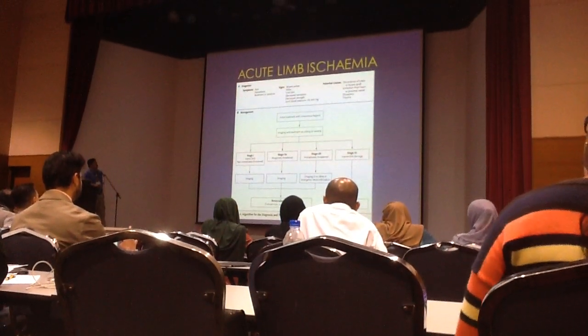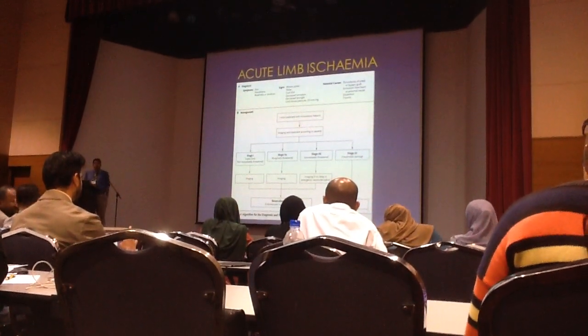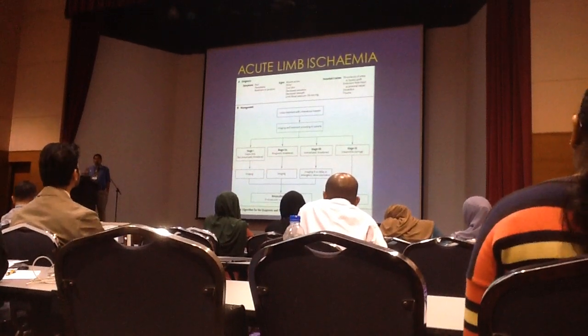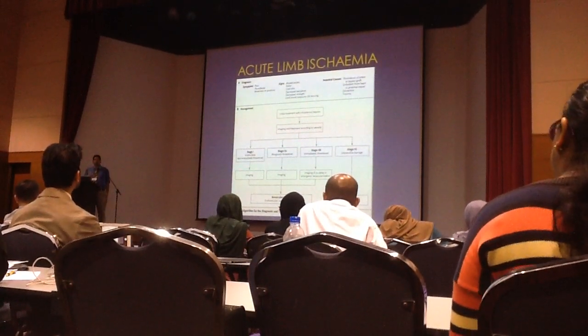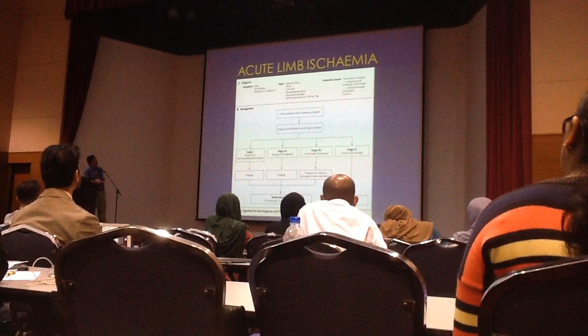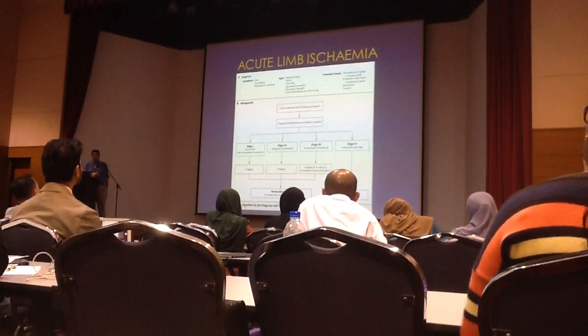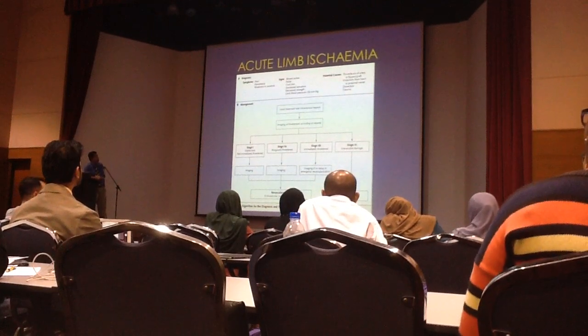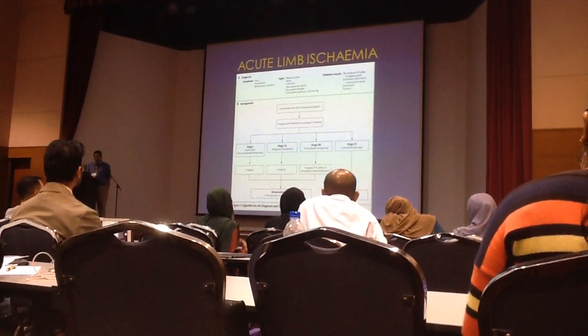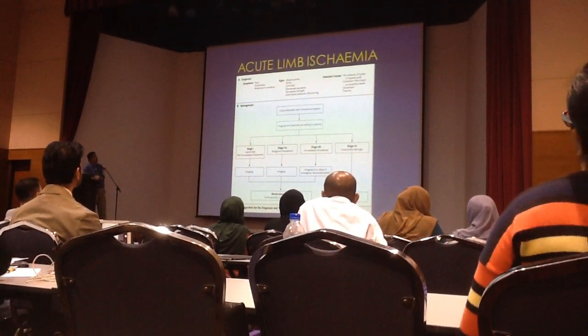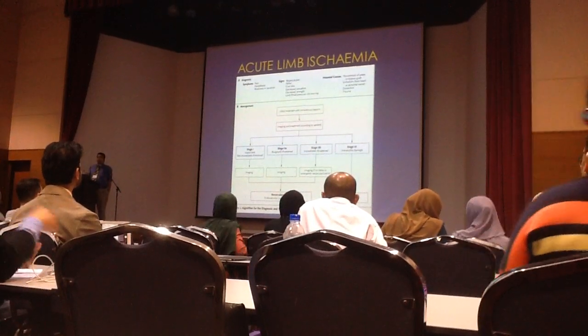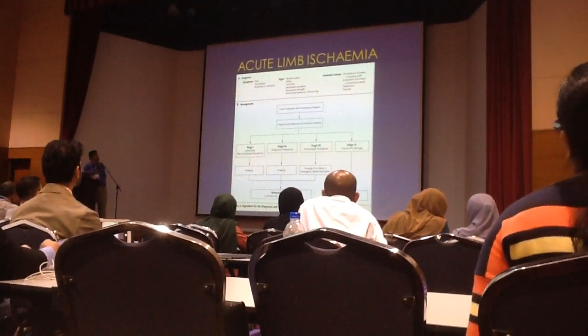A bit of an algorithm for those going in when you revise the acute limb ischemia. First, the history and examination. Okay, then there will be a question about this. Initial treatment with intravenous heparin, I'll come back to that. Imaging: to do it, not to do it, when to do it.